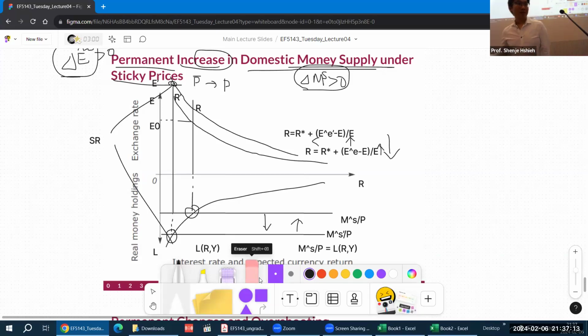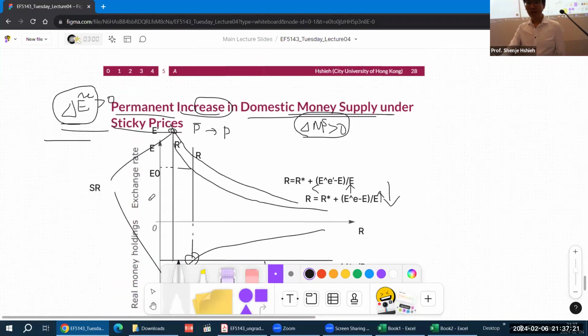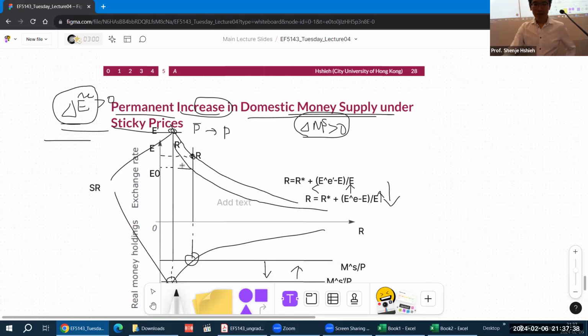But something has persisted today into the future. Expectations have changed. So UIP still remains elevated. And while our interest rates are back here, our exchange rate, however, is here now.